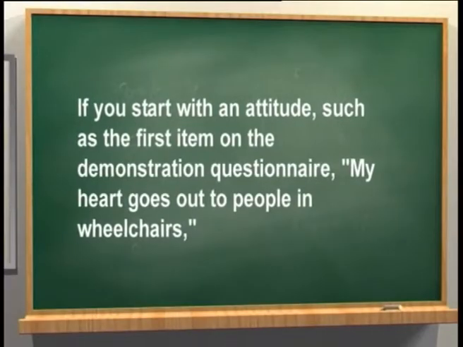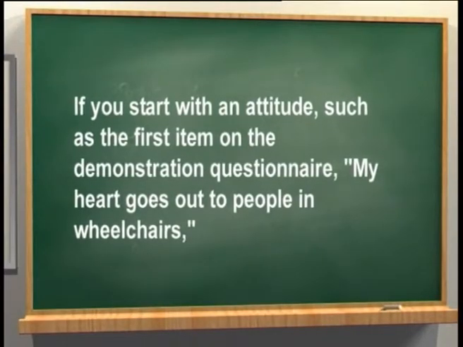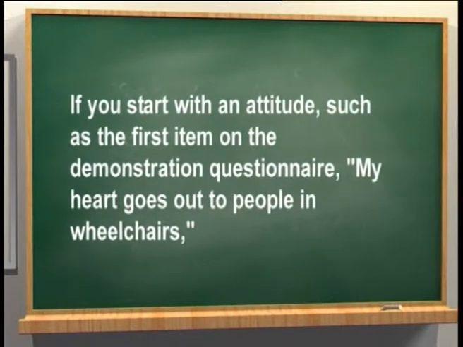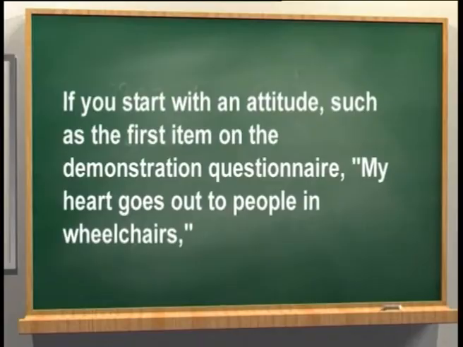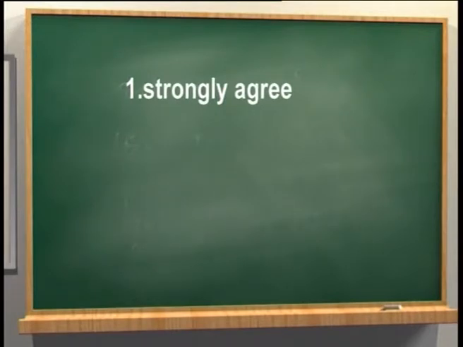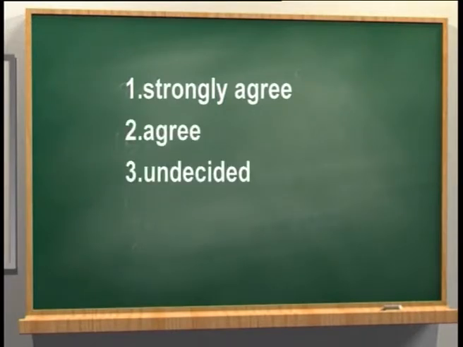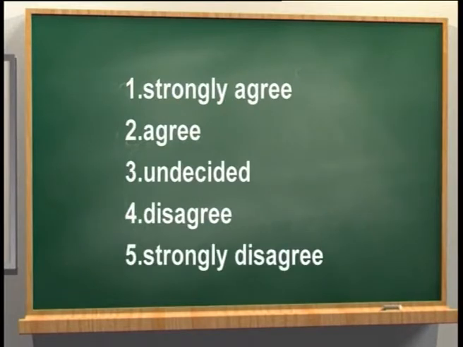If you start with an attitude such as the first item on the demonstration questionnaire, my heart goes out to people in wheelchairs, you need to have a code for each of the possible values, that is strongly agree, agree, undecided, disagree, strongly disagree.